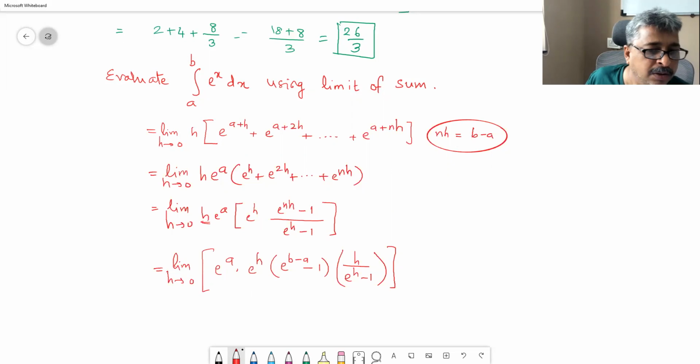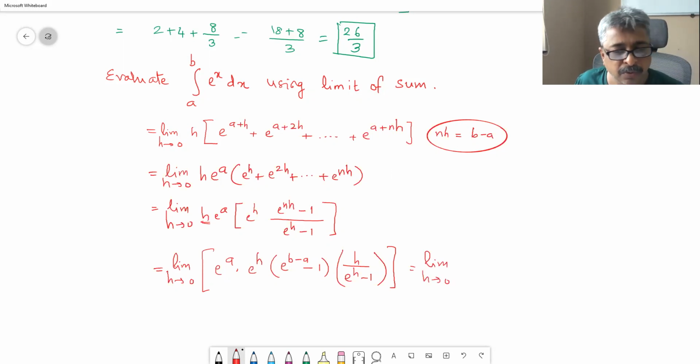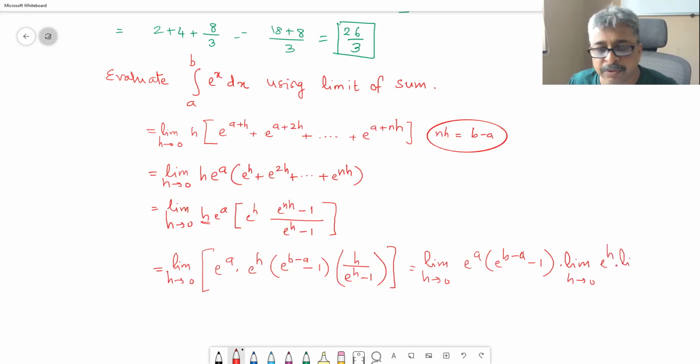Okay. Now h is our variable, so what all things come out? Limit h tends to 0. This is constant, this is constant. e raised to a, e raised to b minus a minus 1 into limit h tends to 0, e raised to h into limit h tends to 0, h upon e raised to h minus 1.